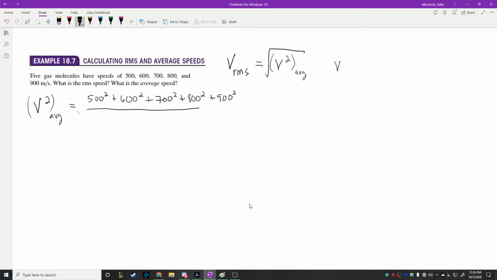And then divide by the total number you have. That's how you do averages, right? So there's 5. That's going to give us V squared average. And if I want Vrms, we'll just square root that.